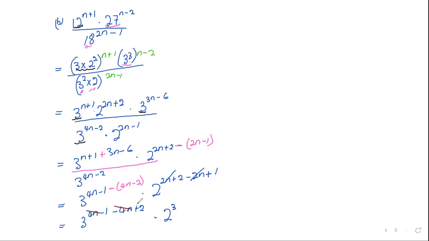So minus 1 plus 2 is 1. That becomes 3 to the power 1 times 2 to the power 3, which is 3 times 8, which is 24.